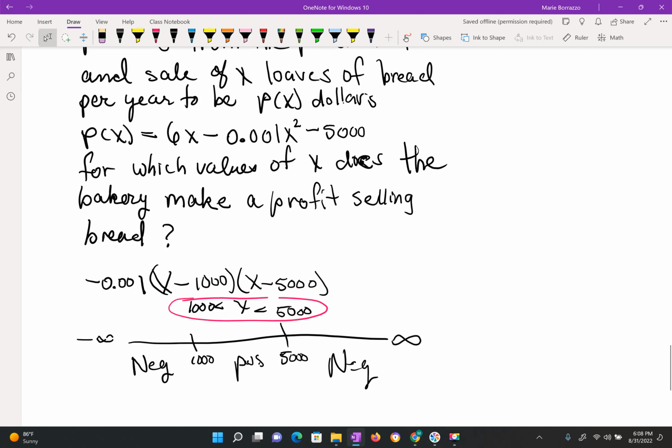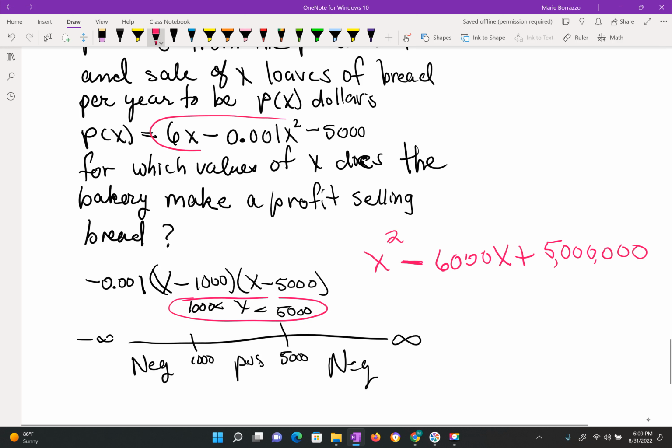Now we factor this out, you end up with x squared minus 6,000x, and this becomes plus 5 million. All they did here was switch the numbers around, so you have to sort of play with the numbers.